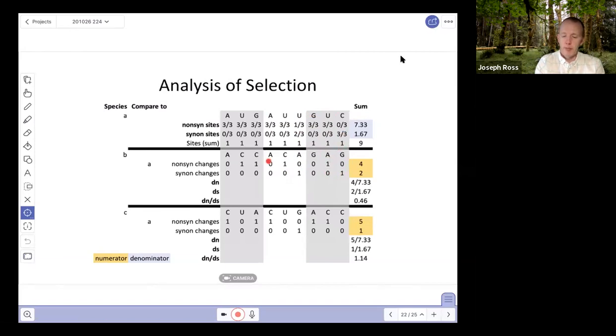So we sum up across the entire sequence alignment the number of non-synonymous changes, which is 4, and the number of synonymous changes, which is 2. Here's where we can calculate dN and dS. Remember, non-synonymous sites is that idea that there's a particular opportunity for mutation to cause a non-synonymous change.